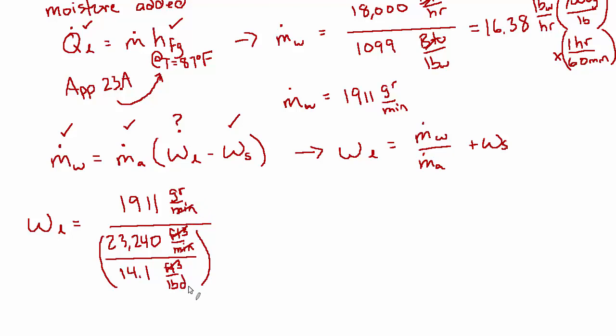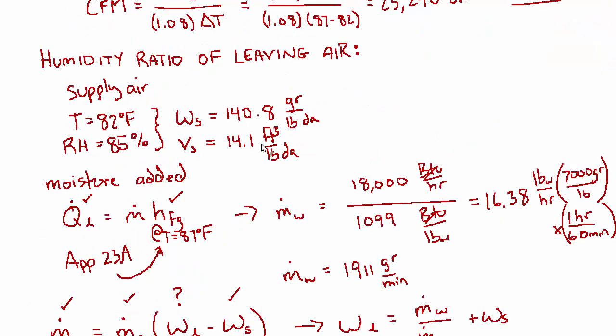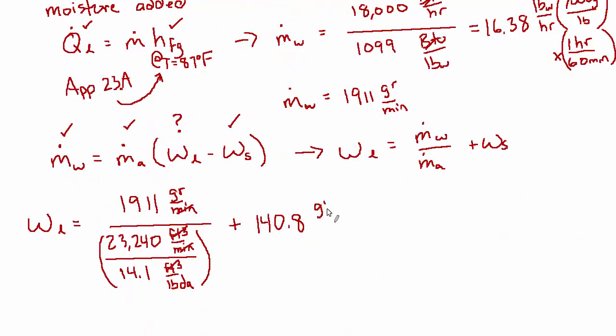And this is pounds of air, plus the starting humidity ratio of the supply air, which we said was 140.8 grains per pound of dry air. And this term doesn't turn out to be very large, so it's not a huge change to the humidity ratio. It ends up being 142 grains per pound, and that's answer B.